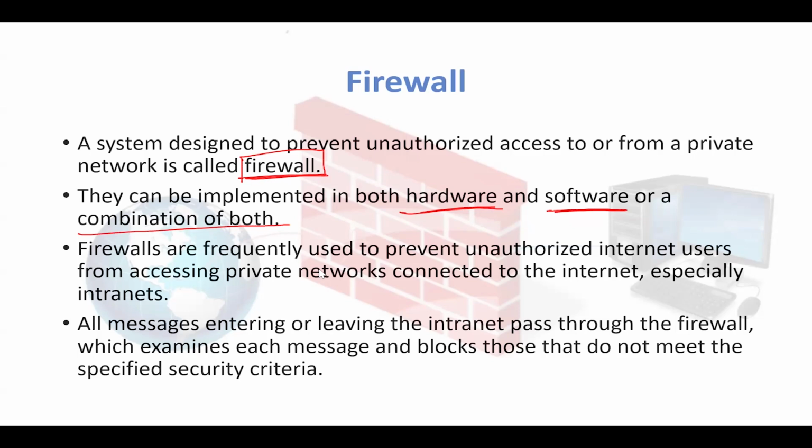Firewalls are frequently used to prevent unauthorized internet users from accessing private networks connected to the internet, especially intranets. An intranet is a connection between networks. All messages entering or leaving the intranet pass through the firewall, which examines each message and blocks those that do not meet the specified security criteria. So this is a security for the entire network.